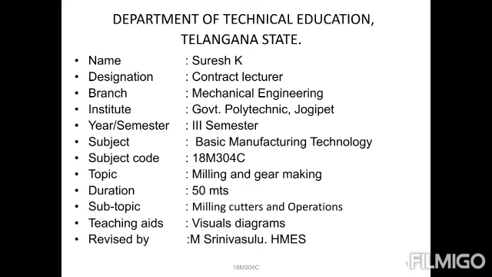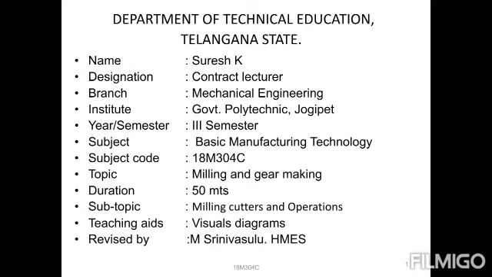A number of teeth are provided on the milling cutter, and many operations can be performed. Whenever we need a different operation, we only need to change the tool in the milling machine.